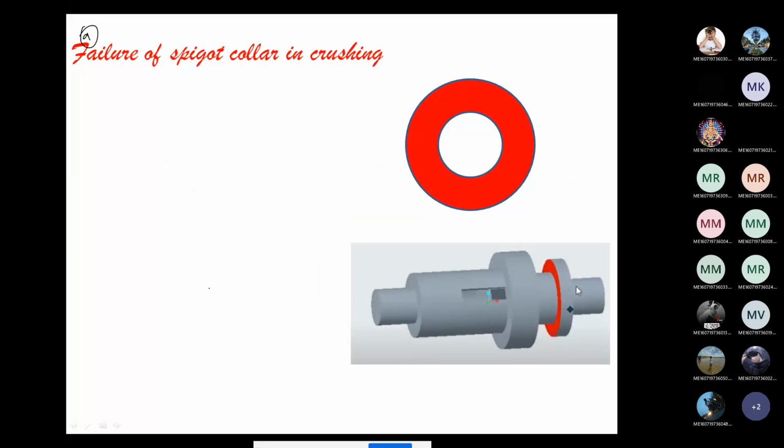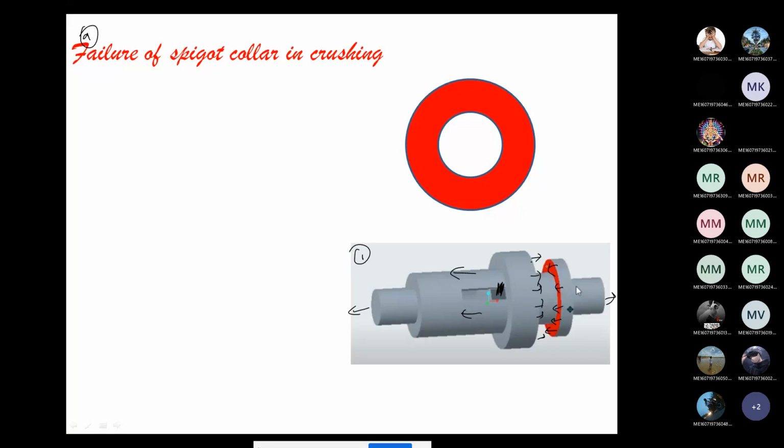Now the next one, the ninth one: failure of the spigot collar in crushing. You can see the image here, the first image. Due to the application of the tensile load, this socket pushes this cotter in the outside direction. But because the cotter is there, it is not going to move. So automatically, these two surfaces, the socket collar and the spigot collar, are going to hit each other.